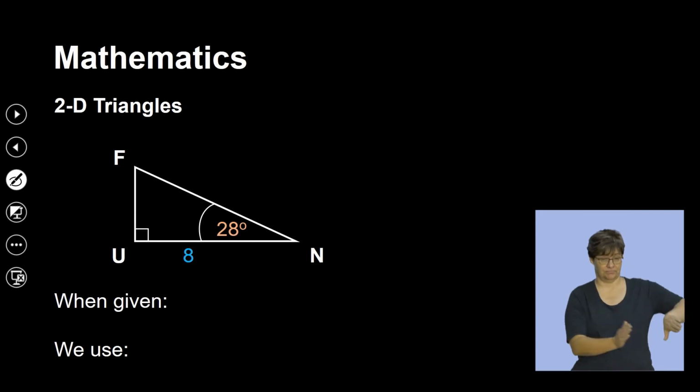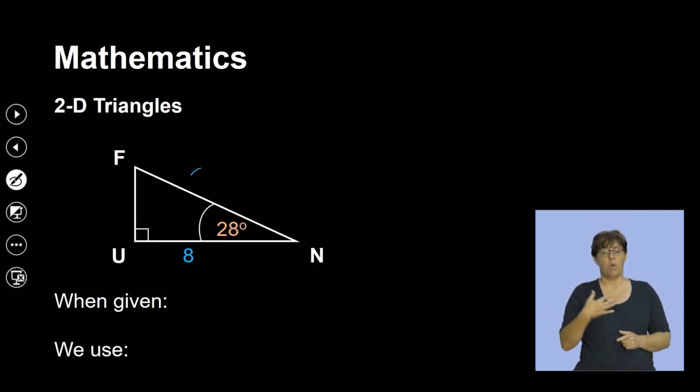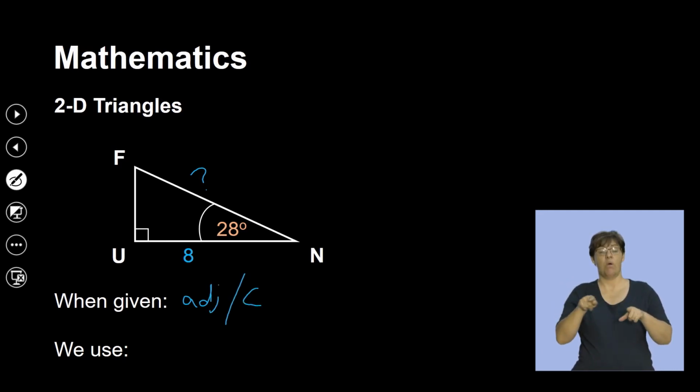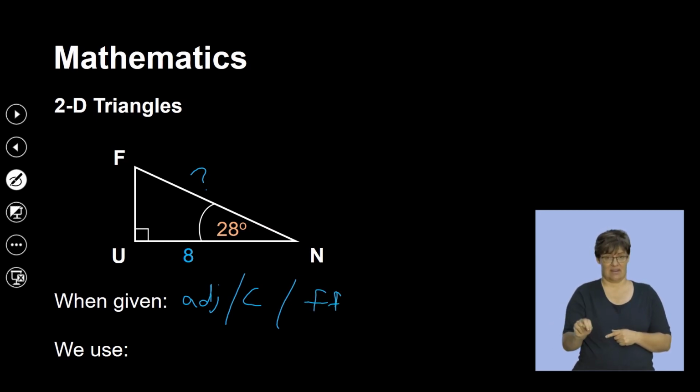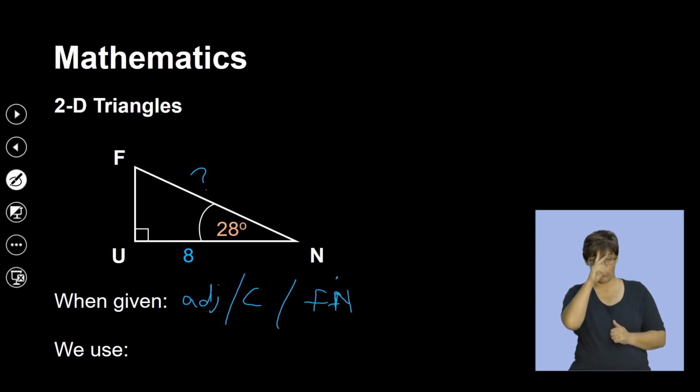Now, if maybe I am given the UN itself and I'm trying to find what FN is, I will then say I am given the adjacent to the angle, and I'm also given the angle. Now I'm trying to find FN, and remember that this is our hypotenuse side.